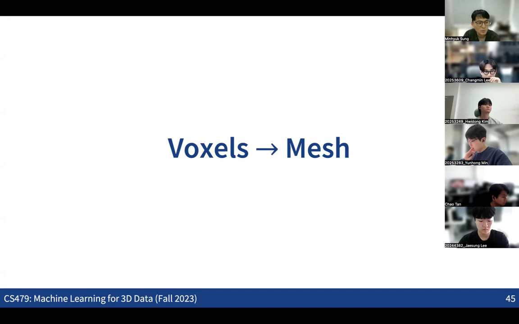Then we're also going to move on to how to do the conversion from the voxels into the mesh. Based on these two building blocks, we will be able to see how we can convert from one representation to another, for all the ways from one to the other. So this is what we are going to discuss next time.